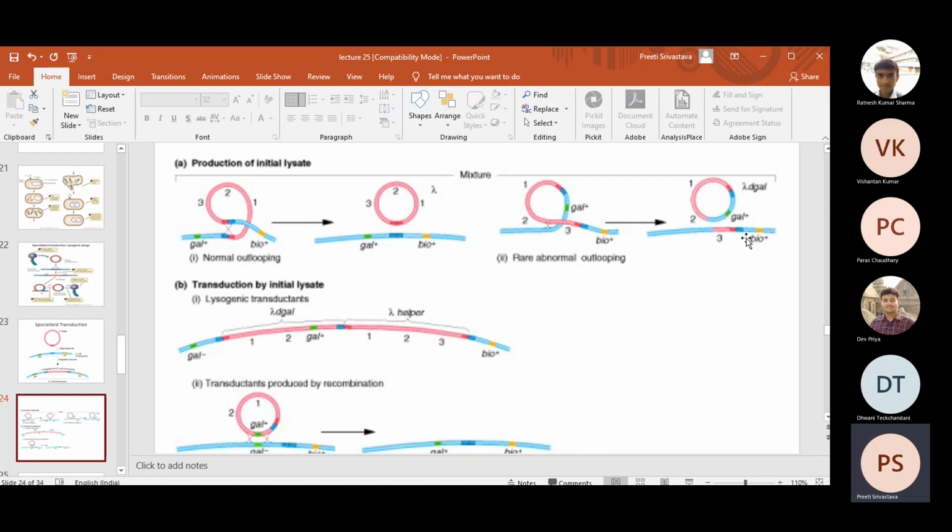But in case of specialized transduction, this repair doesn't work because of the protein LexA. The RecA enzyme is produced as a result of this SOS response. So this RecA induces LexA cleavage, and this LexA is structurally very similar to the repressor protein, and therefore, because of this structural similarity, the repressor gets degraded and excision takes place.